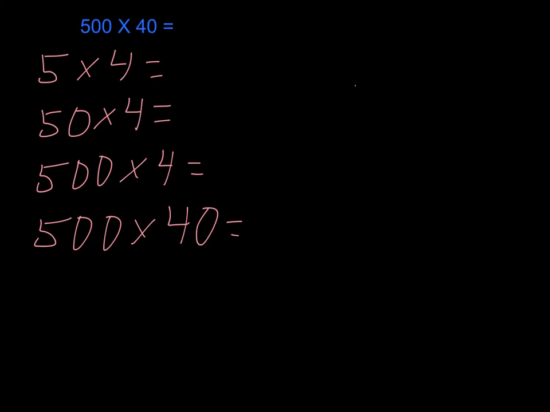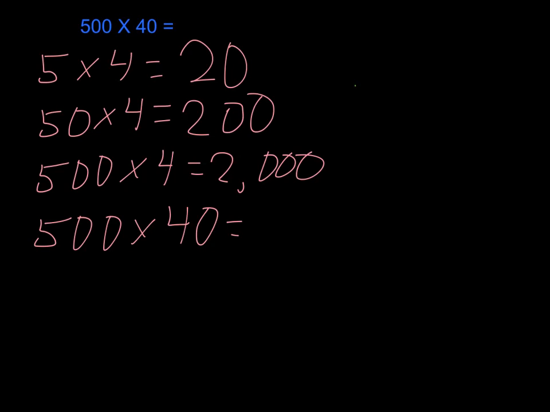We have 5 times 4 is 20. 50 times 4, we add a 0, 200. 500 times 4 is 2,000. And then 500 times 40, we now get 20,000.